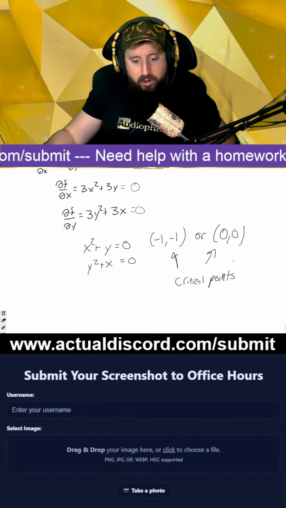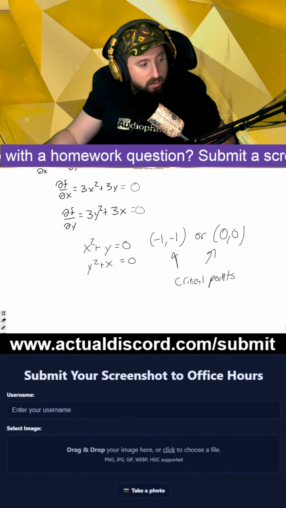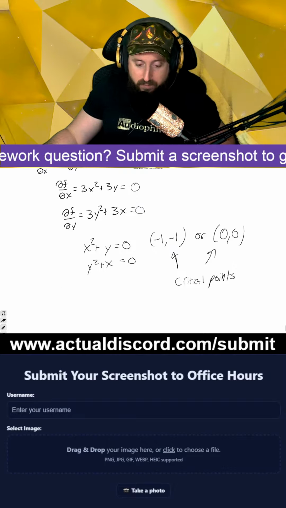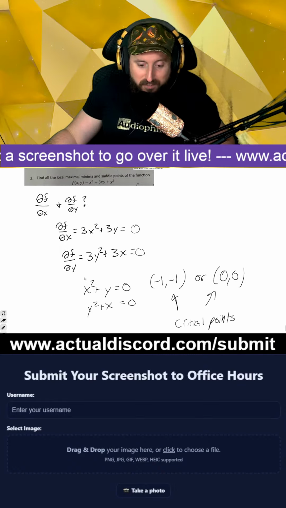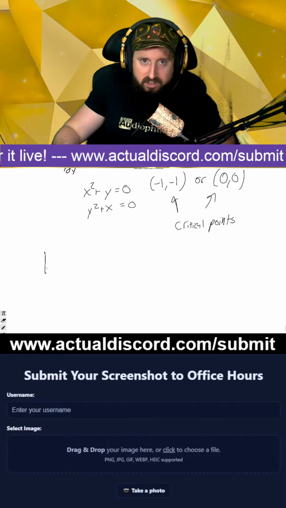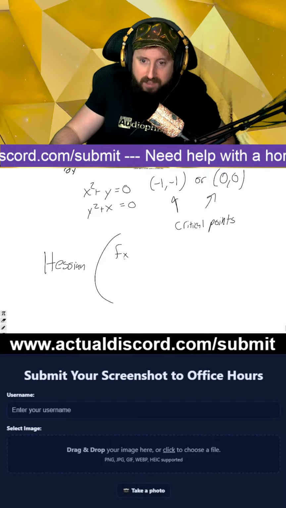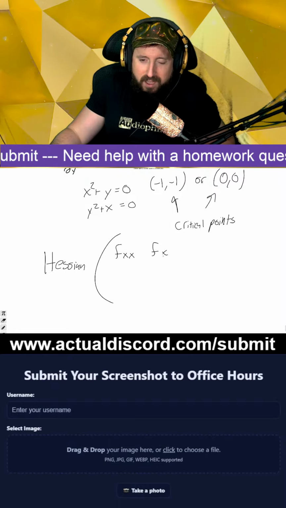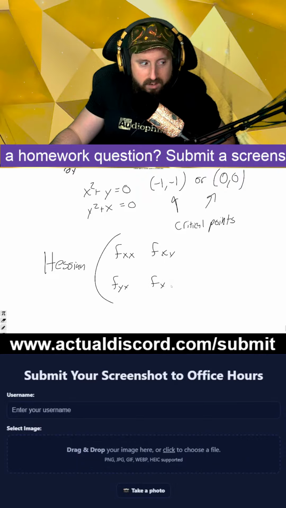And once we have our critical points, we need to classify them. In one-dimensional calculus, we do this with the second derivative. However, in multivariable calculus, we use what's called the Hessian? Which, remind me, is fxx, fxy, fyx, fyy?